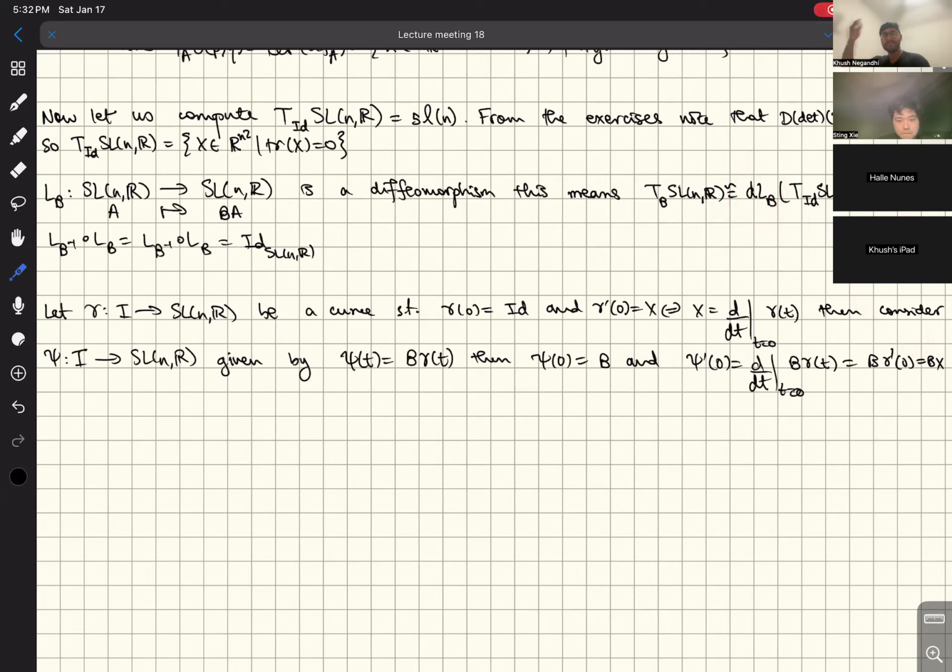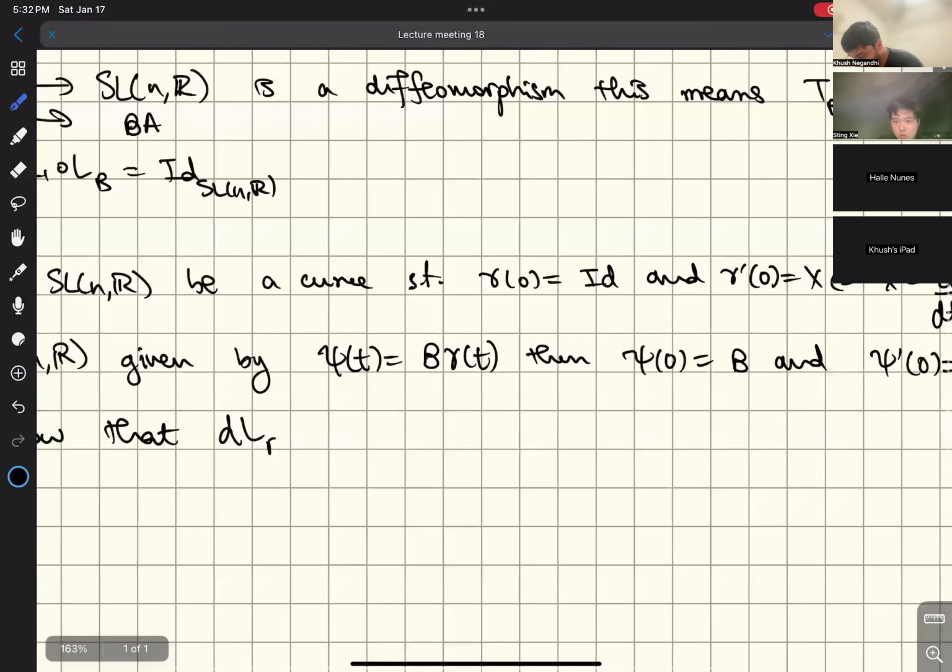Okay, so multiplying on the left by a matrix, the derivative of this is just again multiplying the tangent vector by the same matrix. So this shows that DLB can be thought of as LB.